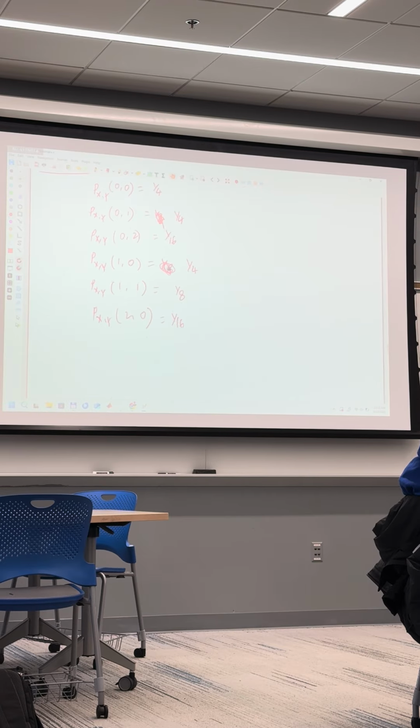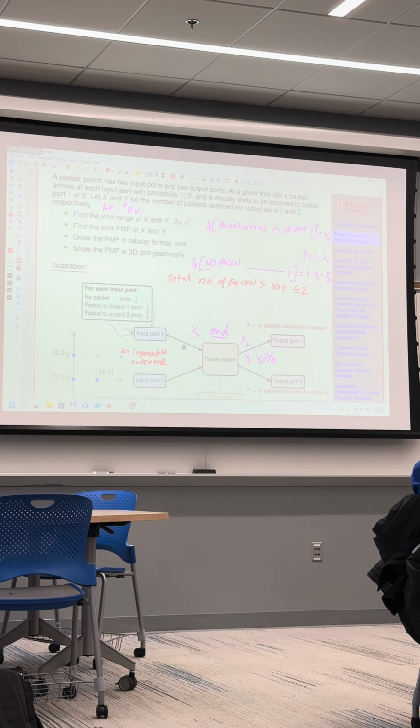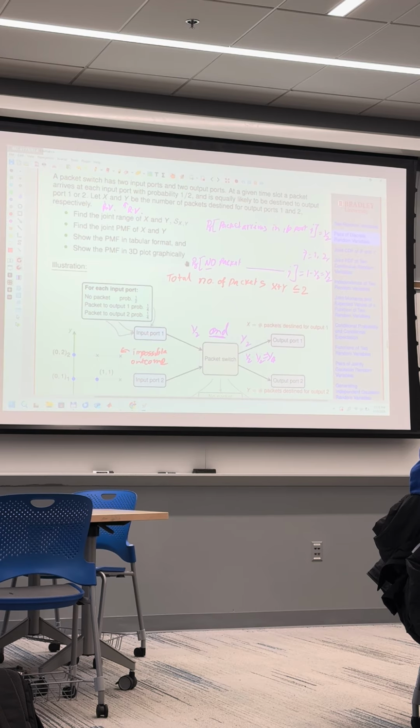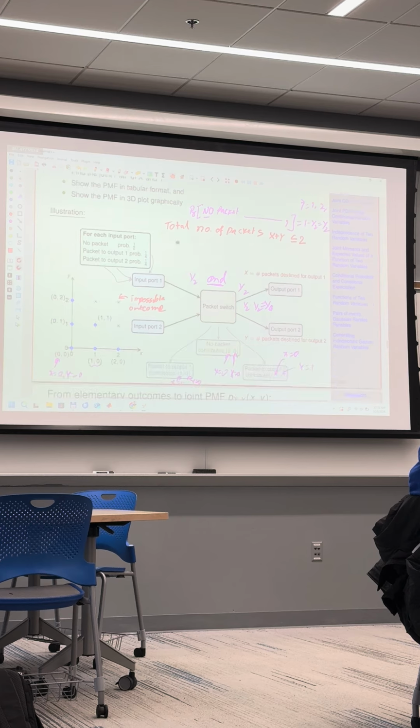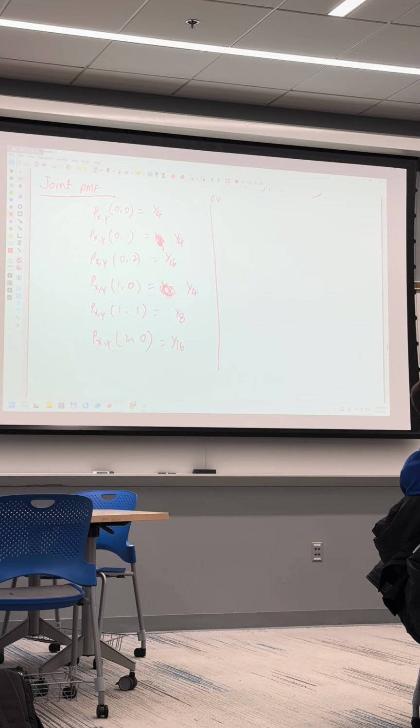Okay, next. Show the PMF in tabular format. Okay, so this PMF, because you see repeated values, you can write it as such.